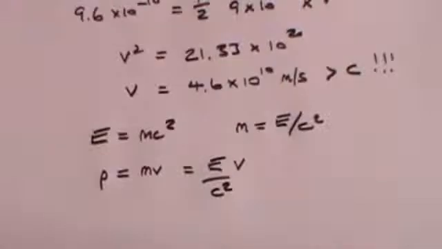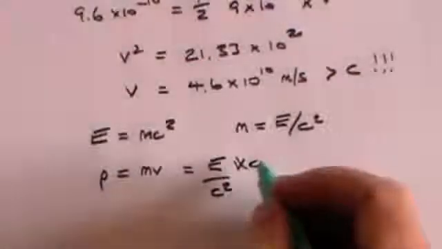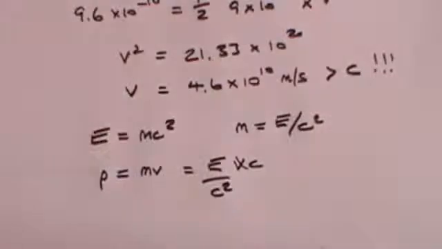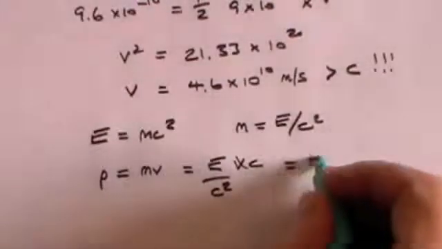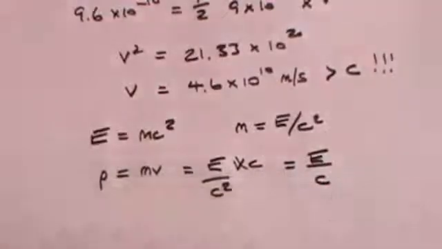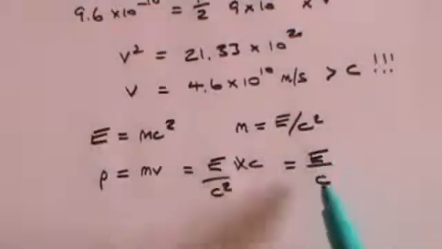But I just told you that when you've got electrons at this kind of energy, the velocity is c or thereabouts, so you can replace that term by c, and then one of these c's cancels out, and that just becomes E over c. So now you've got the momentum of the electron with this kind of energy having a value of E over c.